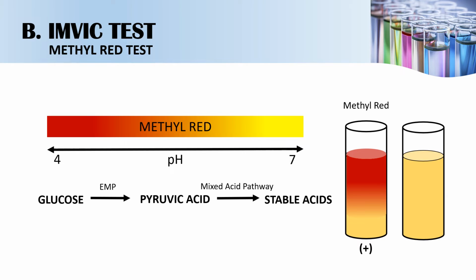But if the organism inoculated in your medium wasn't able to convert this pyruvic acid into stable acids, your medium will turn yellow upon the addition of methyl red, and it indicates a negative test. This test is of value in distinguishing Escherichia coli, which is a mixed acid fermenter, and Enterobacter aerogenes.